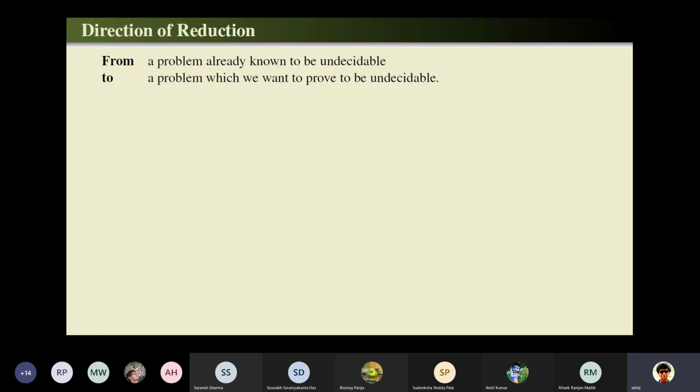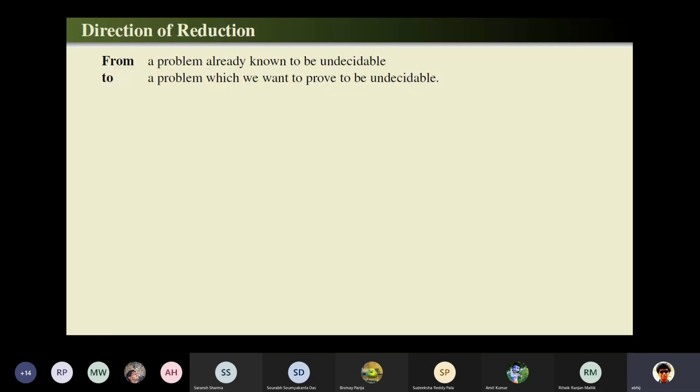You should never forget: you reduce from a problem which is already known to be undecidable to a problem of which the undecidability is to be proved. So the direction is very, very important. This direction of reduction will keep on bugging you even in future.